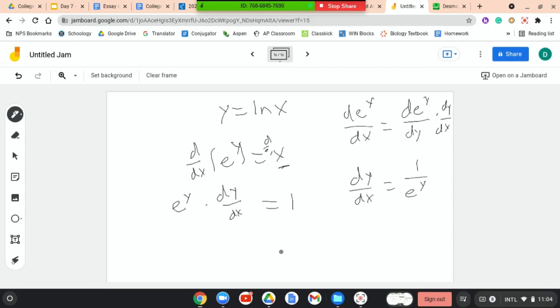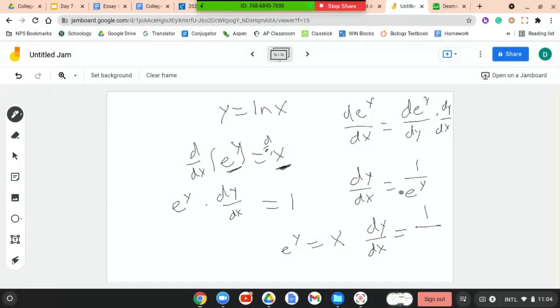But what does e to the y equal? E to the y equals x. Yep. Nice. So then what is the derivative with just x's, without any y's?